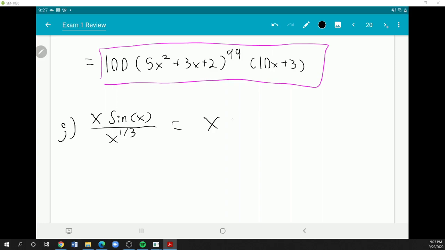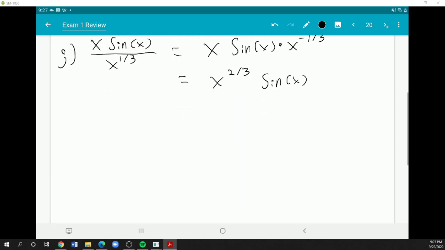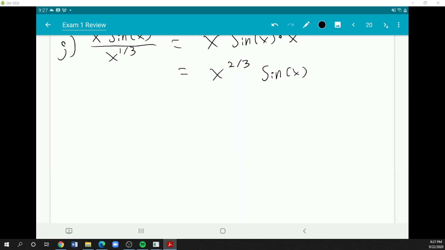So this is x sine of x times x to the minus 1/3, or I get x to the 2/3 by adding exponents, sine of x. If I kept it as quotient rule, I would have had to do a product rule, a quotient rule with a 1/3, and it just wouldn't have been a good time. Here, it's still not the best thing ever, but it's not nearly as bad as it could be.